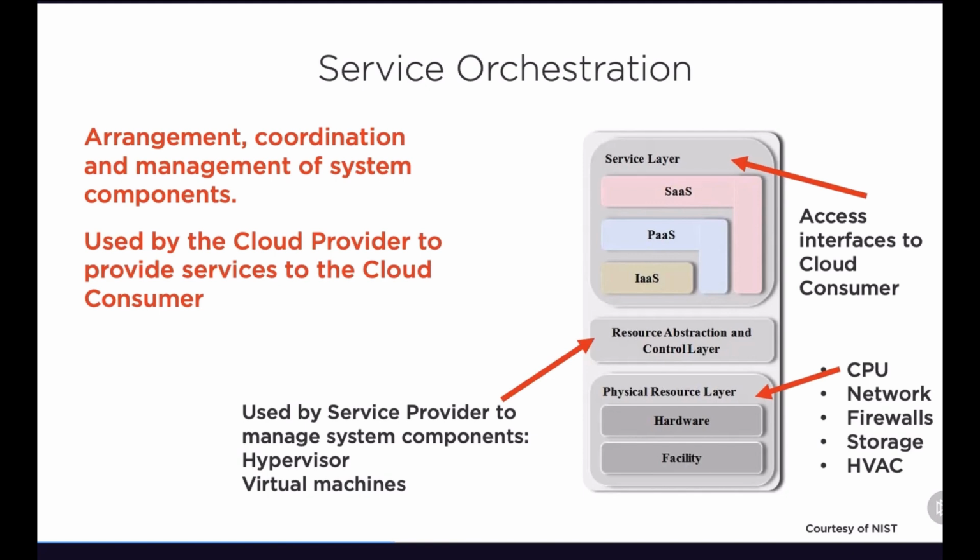And this resource abstraction and control layer is an important thing. We are no longer bound by the type of operating system or the piece of hardware we're connected to. Instead, we can be connected to many different pieces of hardware and easily move from using this piece of hardware to another, storing our data here to storing data somewhere else. And the cloud user doesn't really care or have any knowledge of where their data is being stored in that perspective.